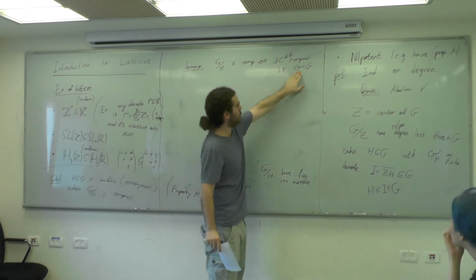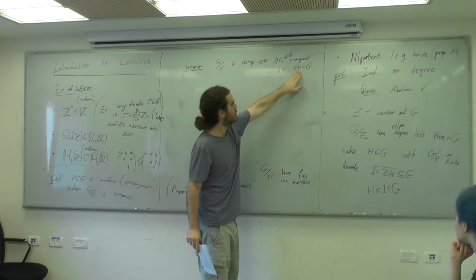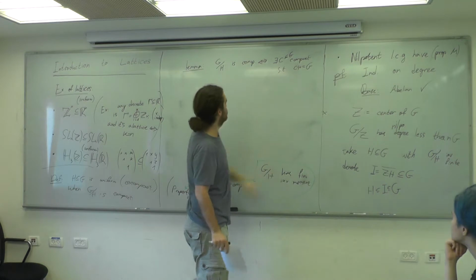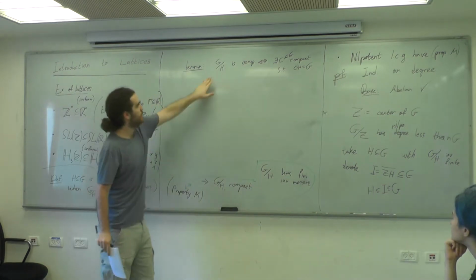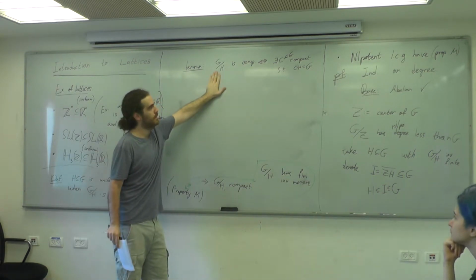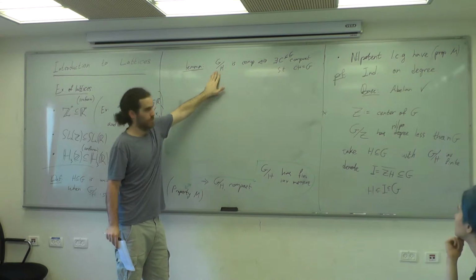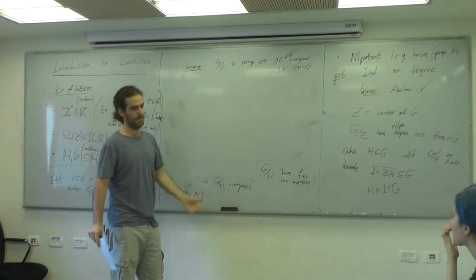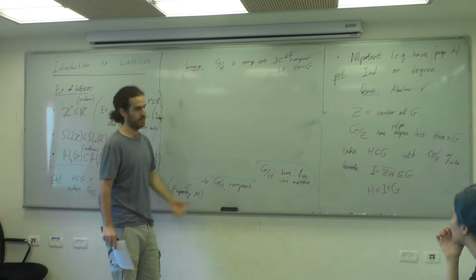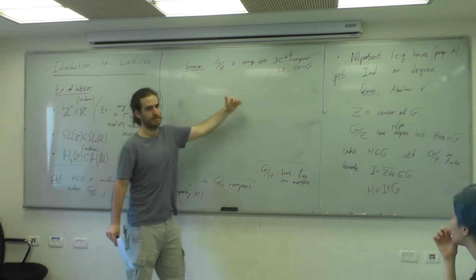Suppose CH is G when C is compact. Then G mod H is simply the image of C under the projection. The projection is continuous, and a continuous image of a compact set is compact, so G mod H is compact. This is this direction.